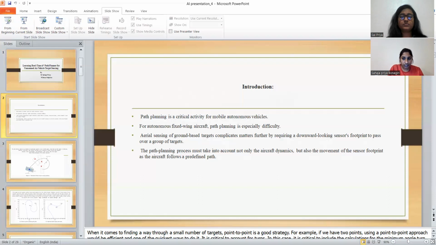The path planning procedure must take into account not just the airplane dynamics, but also the shift of the sensor footprint while the aircraft travels along a predetermined path if the goals are met and are positioned far apart in relation to the vehicle's minimum turning radius. The path planning technique is simple, however, when the objectives are close together.